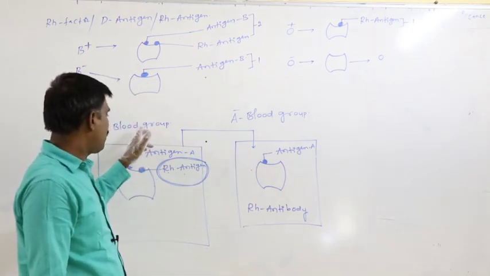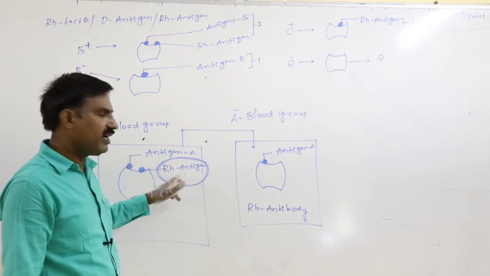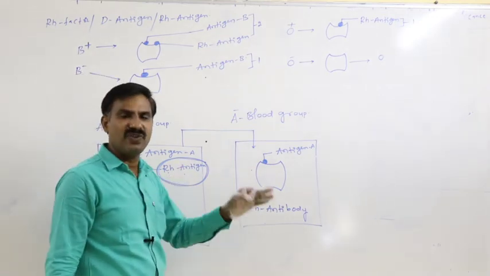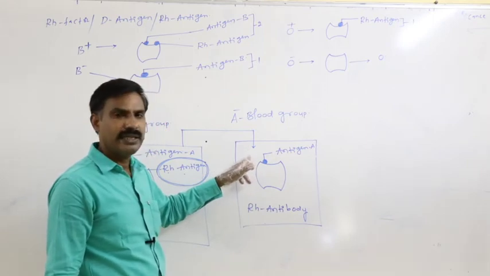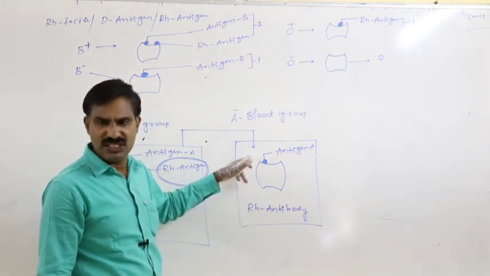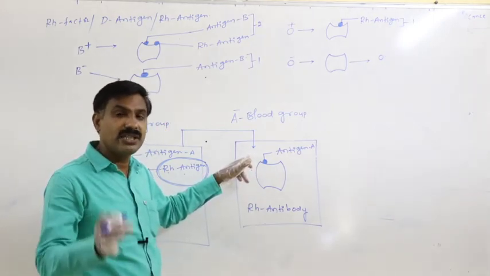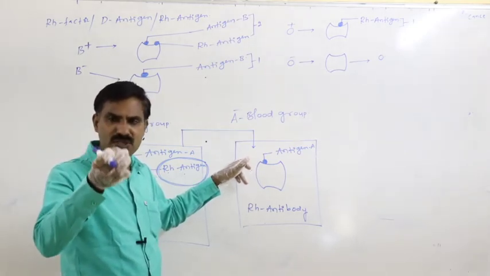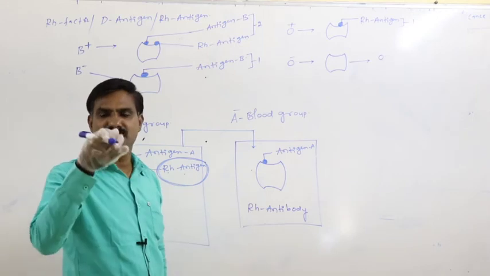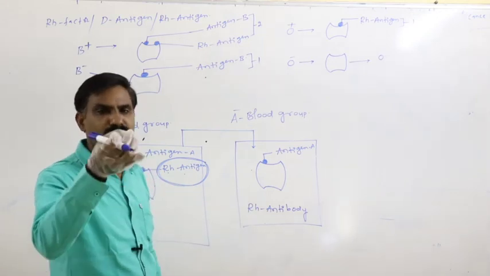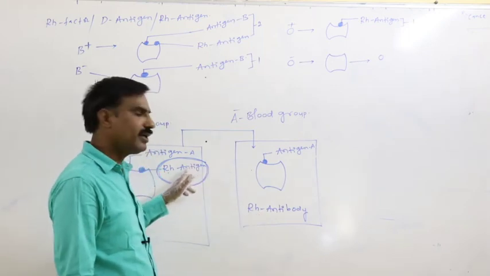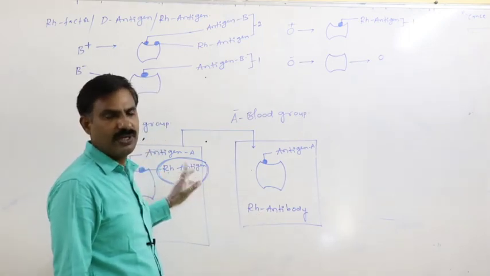In the positive person, on the surface of RBC, Rh antigen is present. That behaves as a foreign particle in the A negative person's body. By that way, the A negative person's immune system becomes active, then immediately starts production of Rh antibody against the Rh antigen.